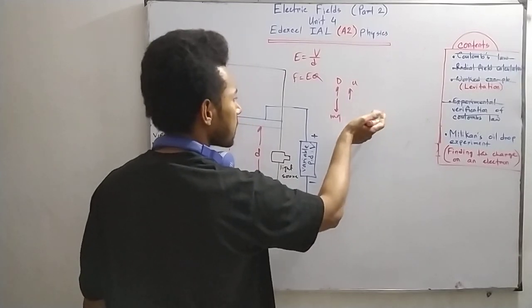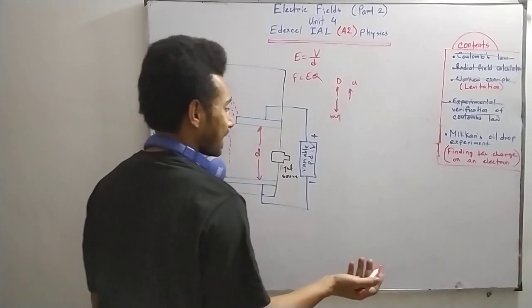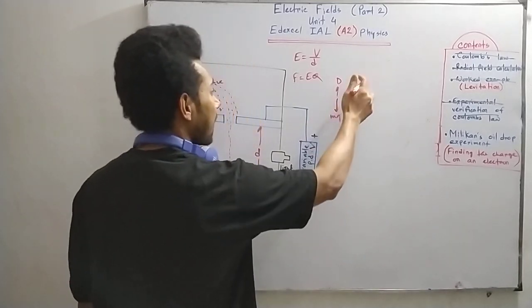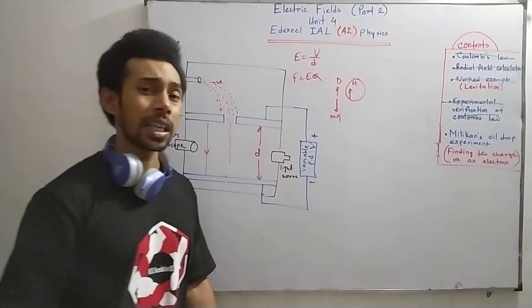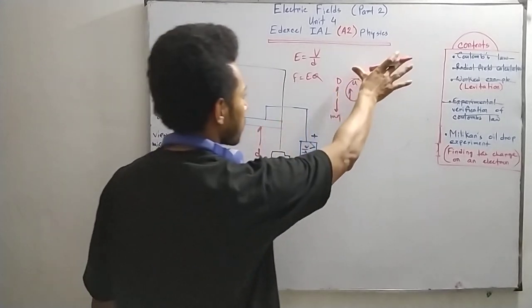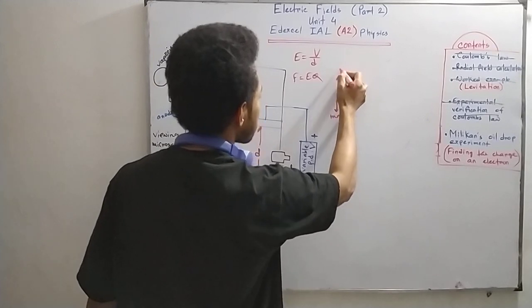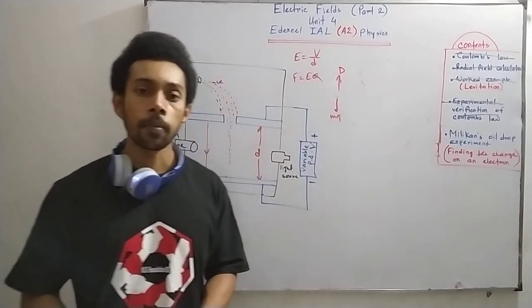But since air is very much less dense compared to the oil, we can ignore the upthrust since it is very insignificant. So in that case, we can consider that the weight is balanced by the viscous drag.